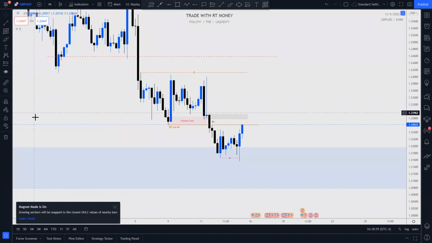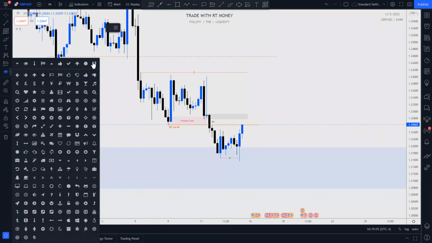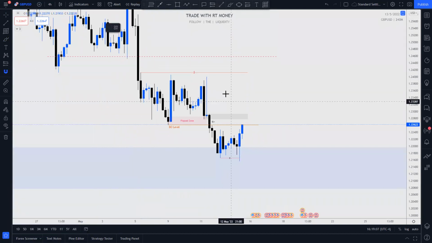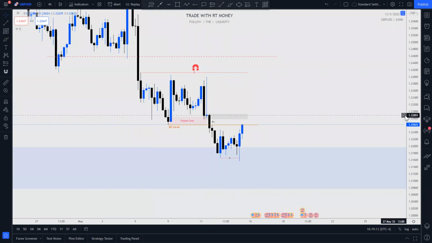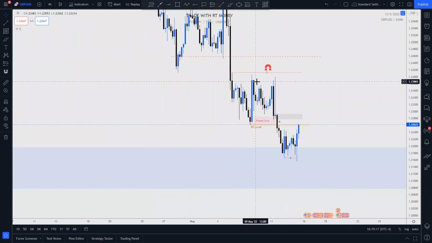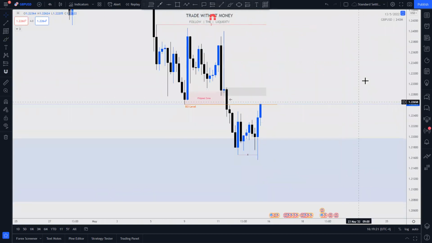I was trying to actually put a magnet there. I need to go into this area here and look for magnets. I got it upside down right now. All right, but this is a zone for magnets, and that's where I would expect price to come up at some point. At some point, doesn't have to be now. All right, I think there's too much bearishness right now for price to go back up.